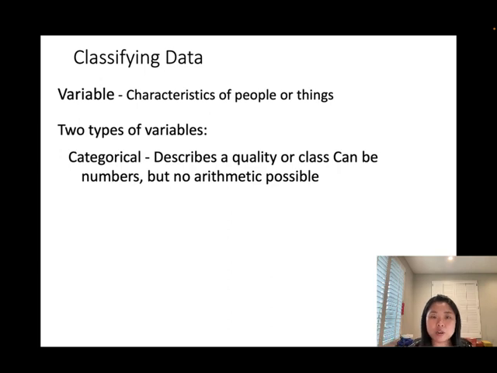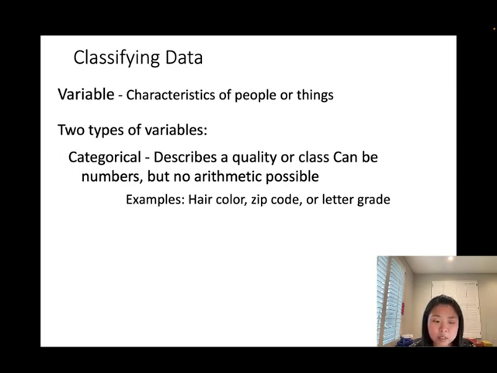That will be the categorical, the first type. Examples: hair color, zip code, or letter grade. Hair color, those are labels, right? Zip code, even though they're using numbers, they don't have arithmetic principle. And letter grade like A, B, C. So these belong to categorical.